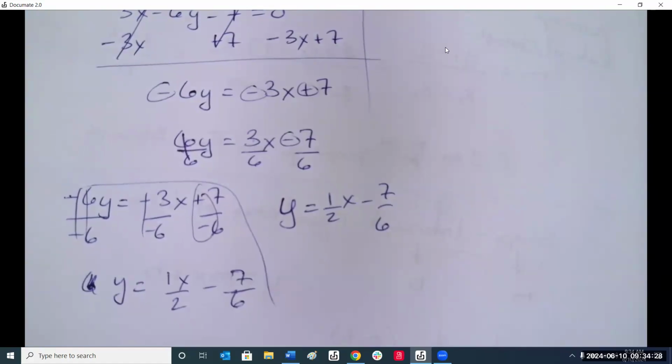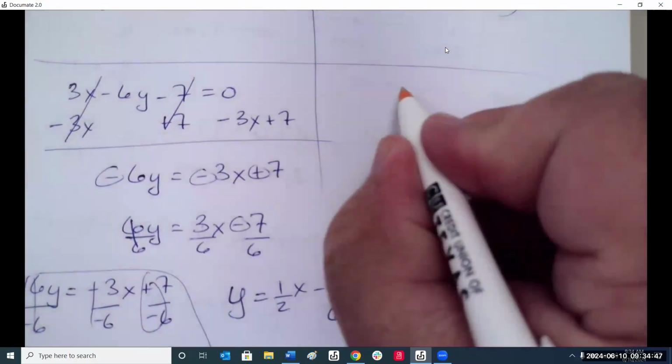It tells you what to do. But if you divide by a negative number, you're going to forget it somewhere. And in mathematics, if any one sign is wrong, the whole equation's wrong. So that's one way of doing it.